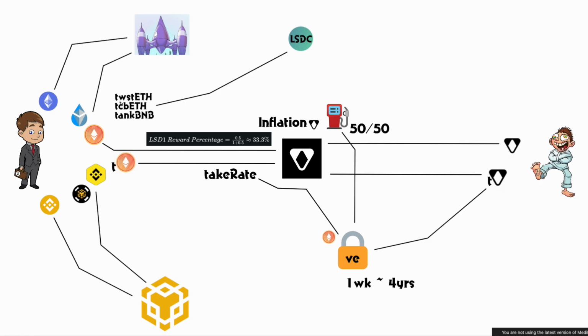So for example, T wstETH, T Coinbase ETH, T Ankr BNB. So I assume they're just choosing the ones with the largest market caps, right? I'm not sure.